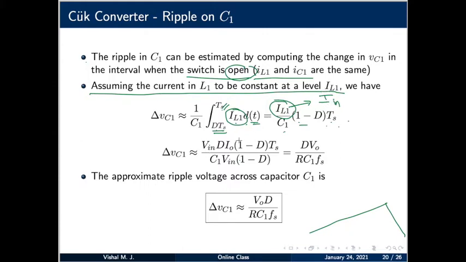For that I have used the current gain of the Cuk converter, and once you do that, you get I0 in the numerator. This I0 can be converted into V0 using Ohm's law. So you get V0 in the numerator and R in the denominator. V0 by R is the I0 itself. So that's how delta VC1 is expressed in terms of the output voltage with this formula.